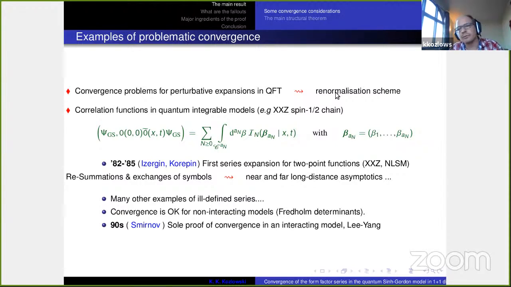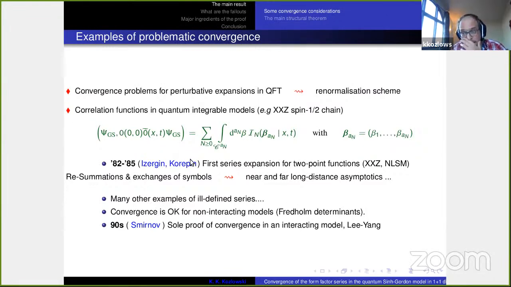If it doesn't ring a bell, it's not so important. Think of it as a model for which you can explicitly compute the ground state expectation values of certain products of two local operators, say one operator at position 0, and one operator at spacetime position (x, t).